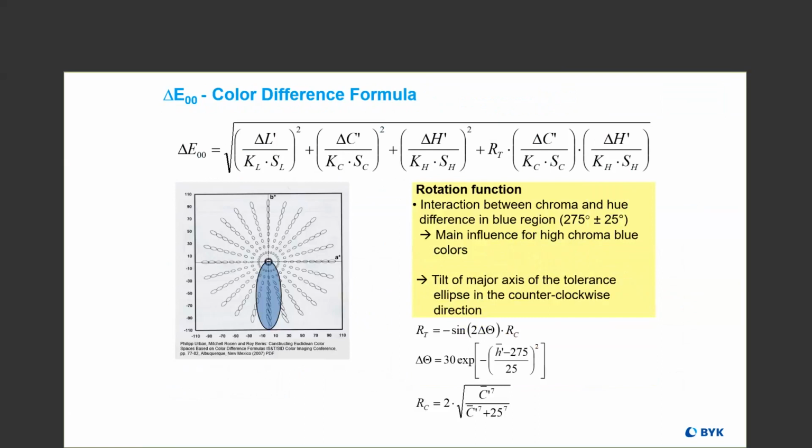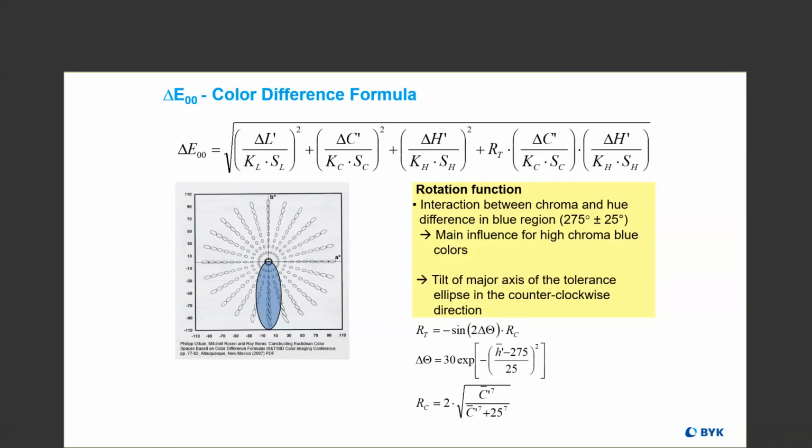So if you think back to that color wheel that had all the visual tolerance ellipses in it, I explained how they're all different sizes and shapes depending on where you are in that color space. But they all had one thing in common: the major axis, the long axis of each of those ellipses was always directed towards the center of LAB space.